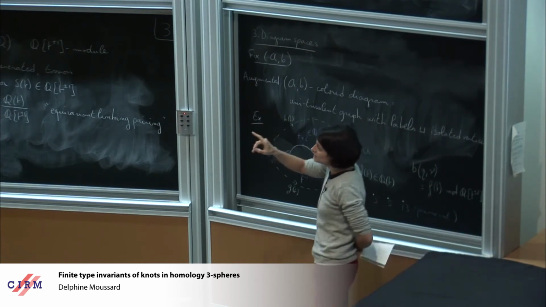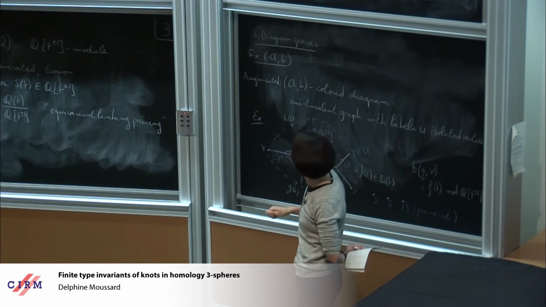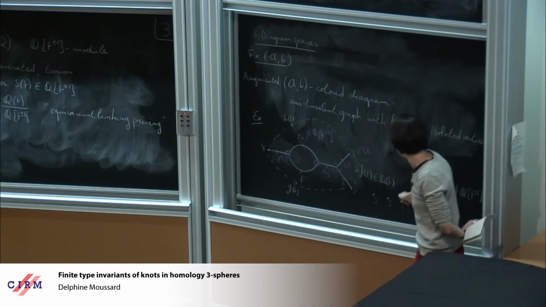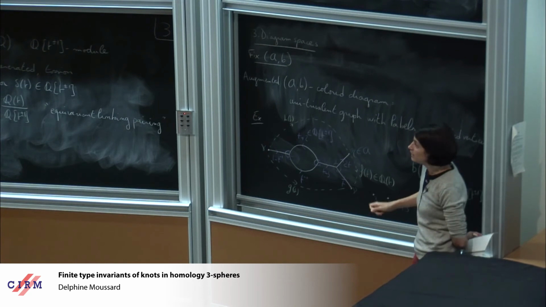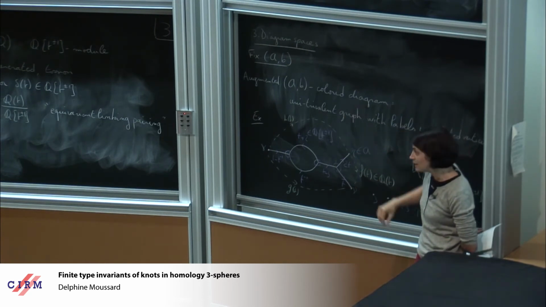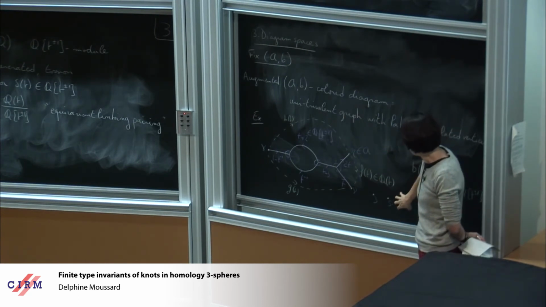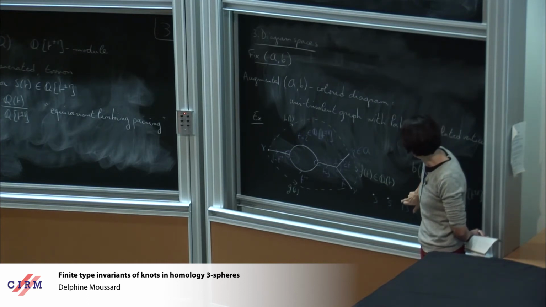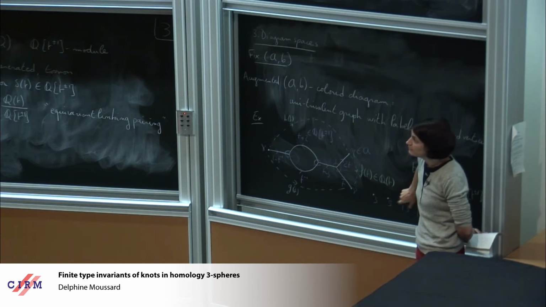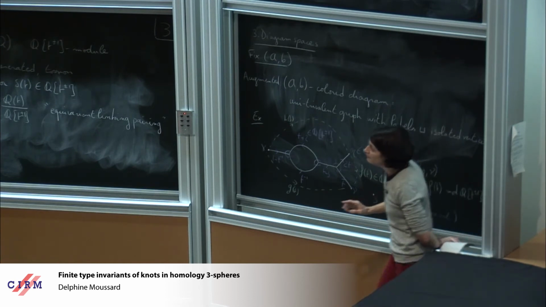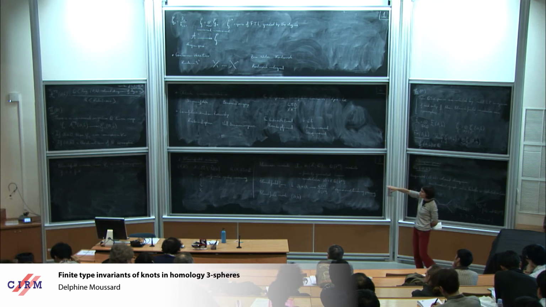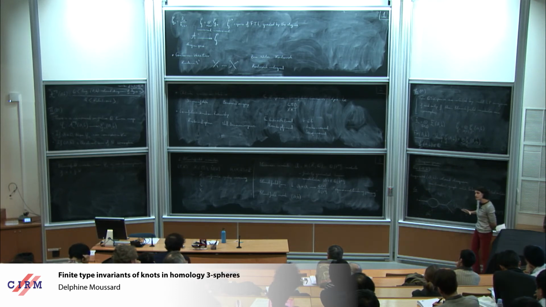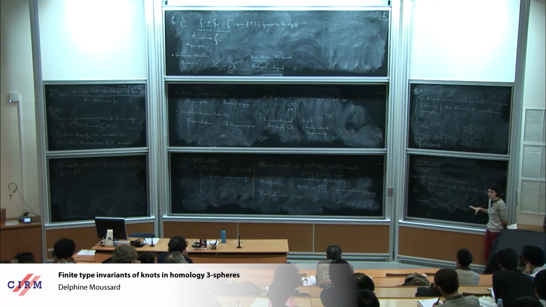So you see that in the case where n equals 1, we have these isolated vertices, and because of the relation I didn't give, we have in degree 1 only these isolated vertices. A vertex labeled by some prime integer p, via the map phi 1 and passing to the dual, corresponds to a degree 1 invariant, which is the p-adic valuation of the cardinality of the first homology group.